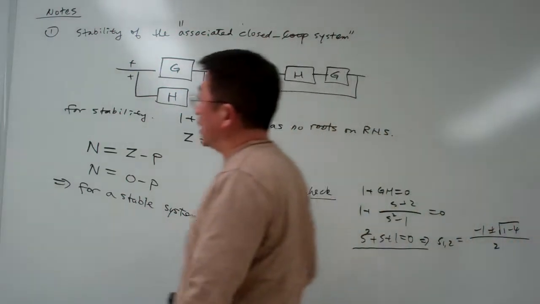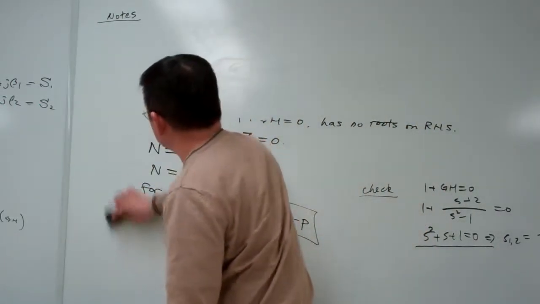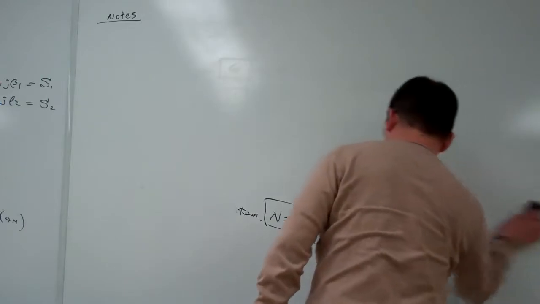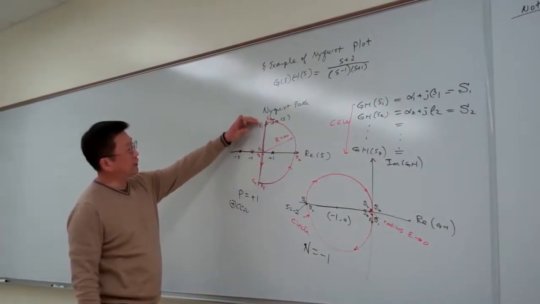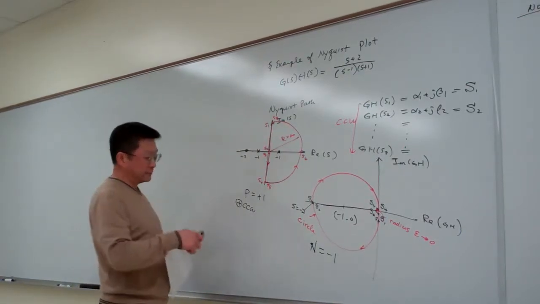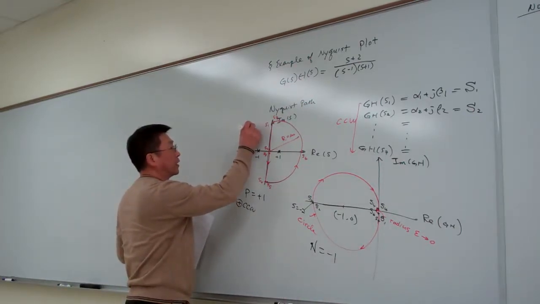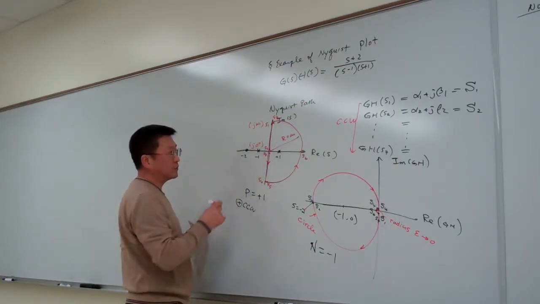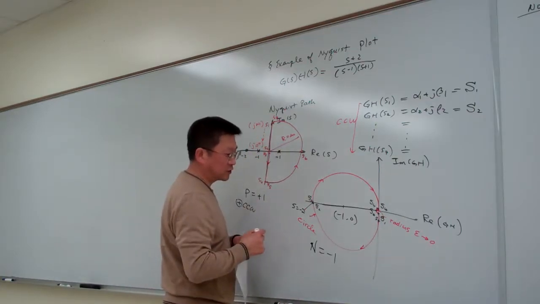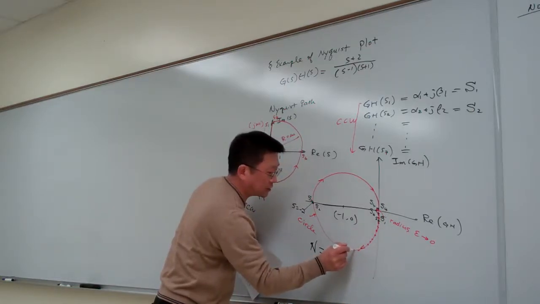The second note using this example is, you see when we plot this, the portion from S1 to S2 is from j infinity to j0 plus. These portions basically sample the corresponding points, which I highlight with those dots here.